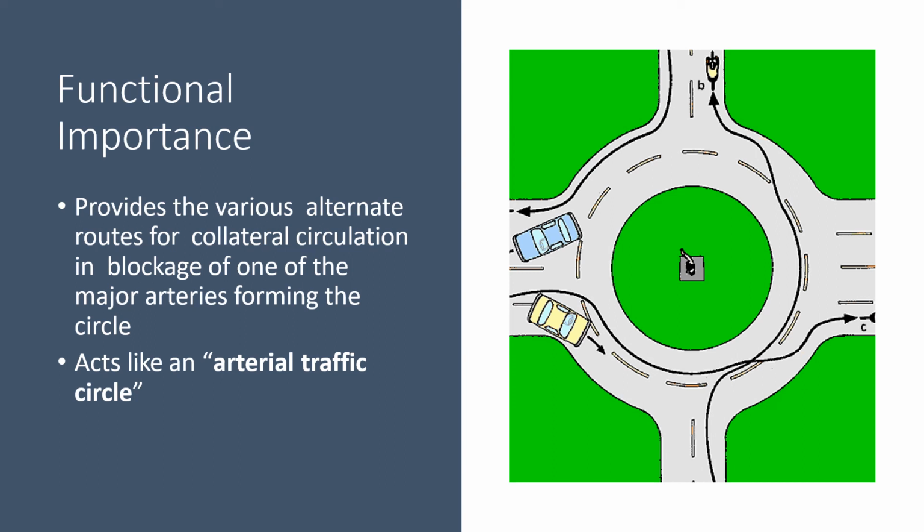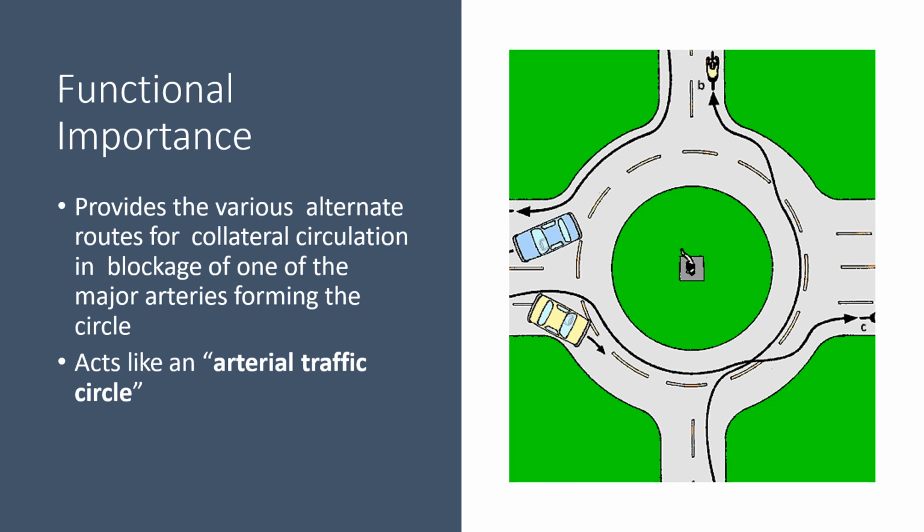The circle of Willis is of great functional significance as far as the arterial supply of the brain is concerned. Normally, there is very little or no mixing of blood streams, that is, of the two vertebral arteries in the basilar artery, the two anterior cerebral arteries in the anterior communicating artery, and the internal carotid and the posterior cerebral arteries in the posterior communicating artery.